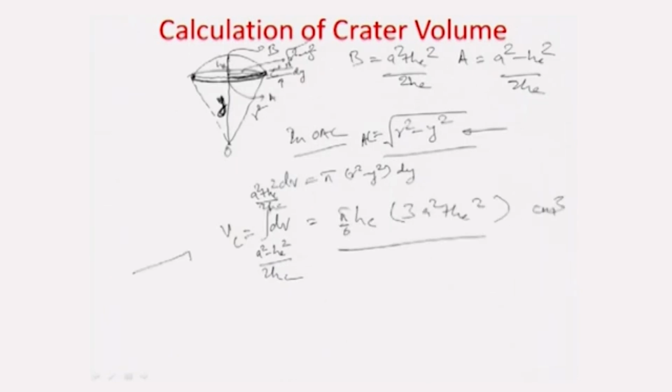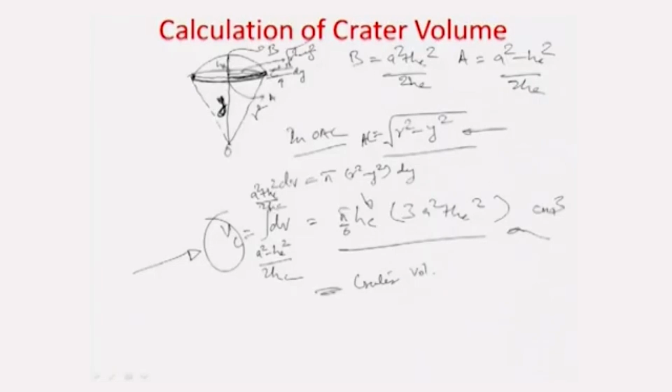So we obtain that the amount of crater volume in this particular case comes out to be equal to pi by 6 hc (3a square plus hc square), and this volume can be effectively used for predicting the amount of heat lost because of melting of the material in terms of latent heat of melting.